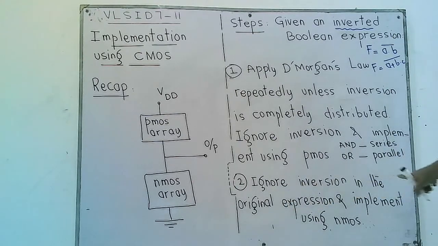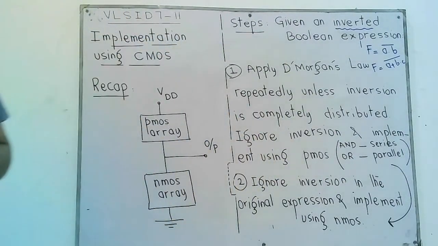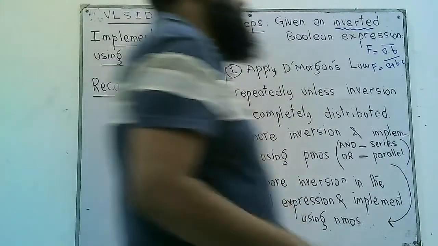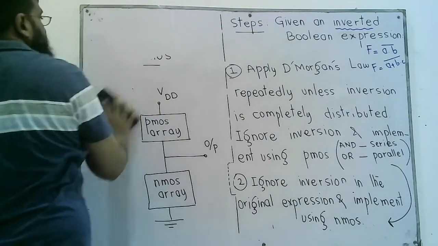Step number 2 is we'll ignore inversion in the original expression and implement using NMOS, and the same will be true here: AND operation will result in series connected transistors and OR in parallel connected transistors. So this fact will remain the same. By following these two simple steps, we can implement any given Boolean expression.